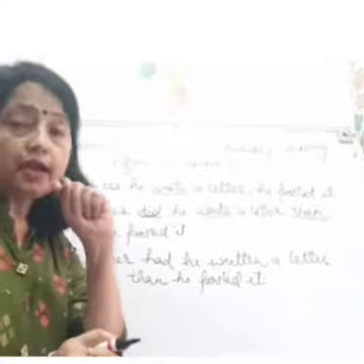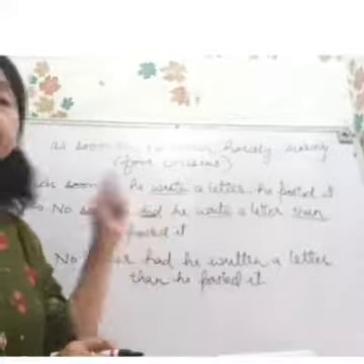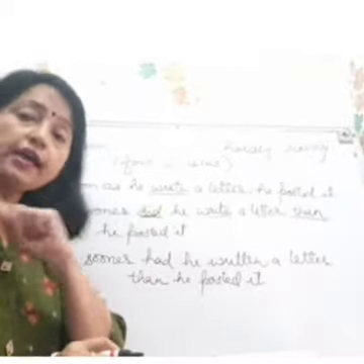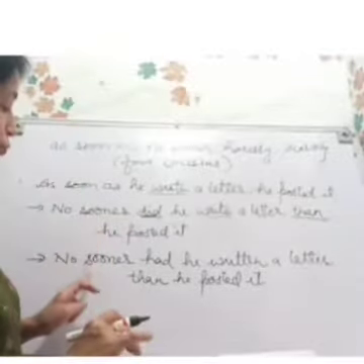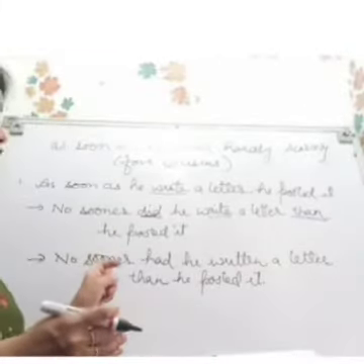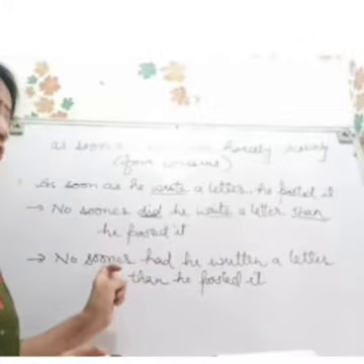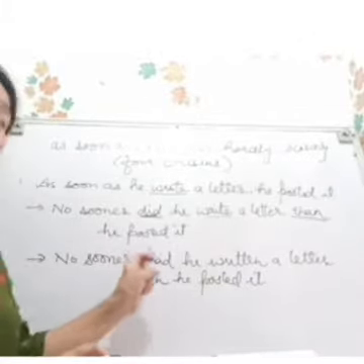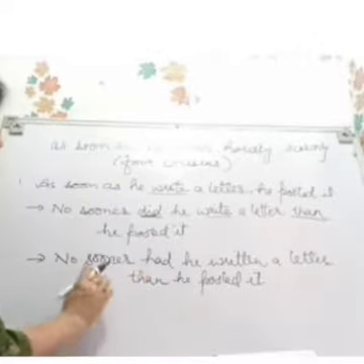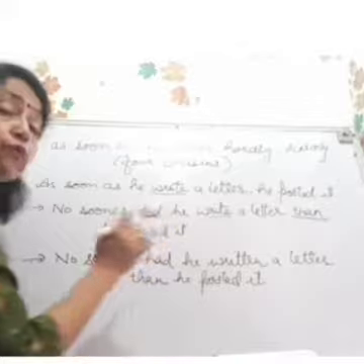Now it has another form also. Here in place of did we can use had also. When you change the sentence by using the conjunction no sooner, you can use had also. No sooner can be followed by had. Now here we will take the third form of verb.